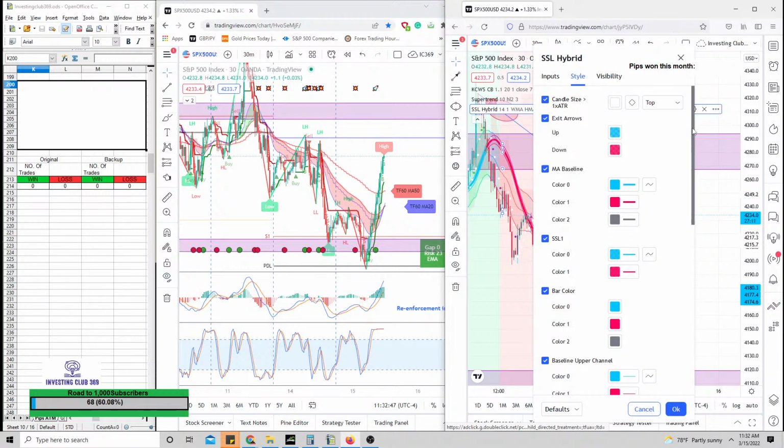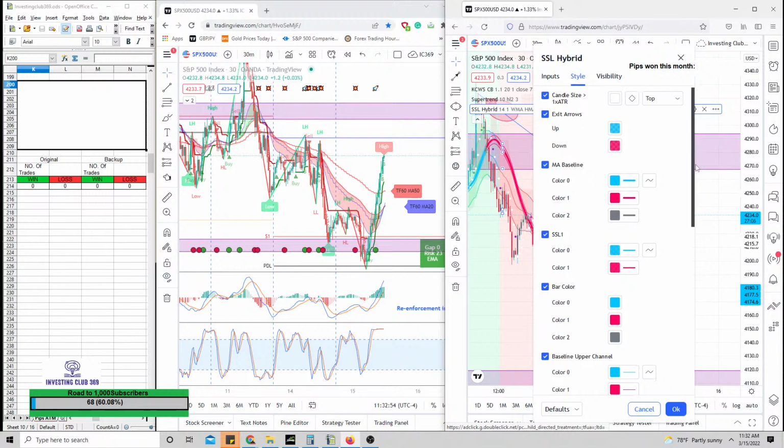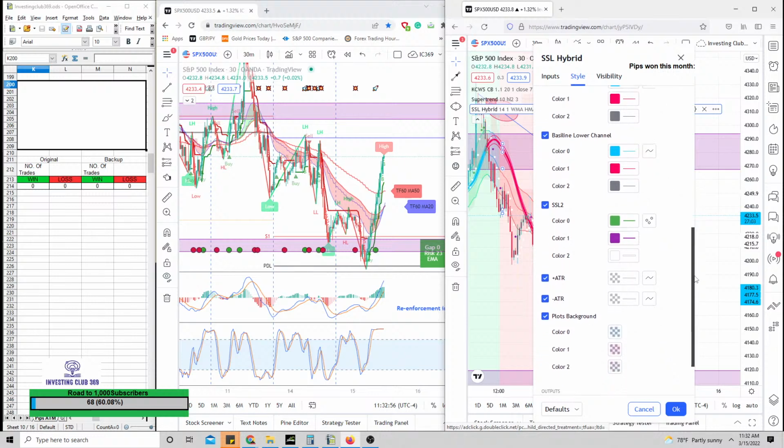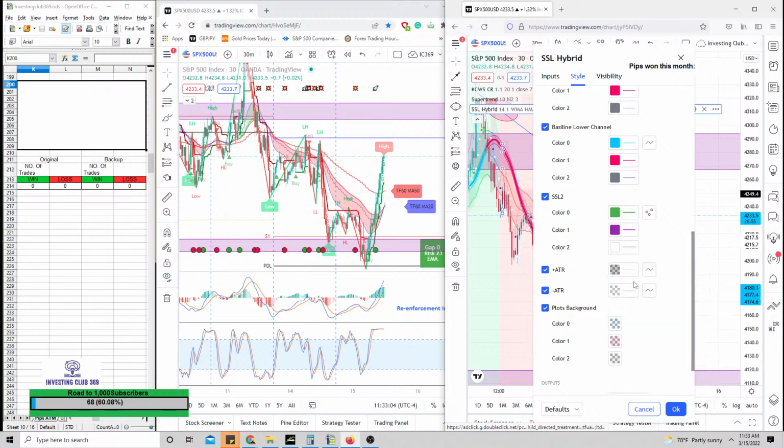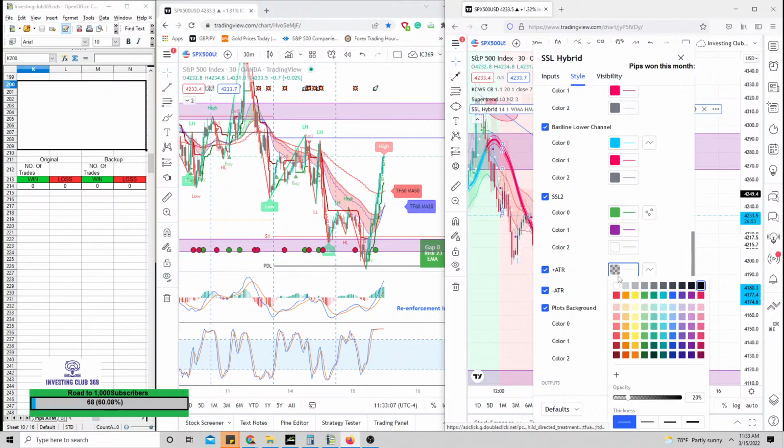That's one thing I don't mess with. Oh, wait, let me see if I can change the color to black. I see one.